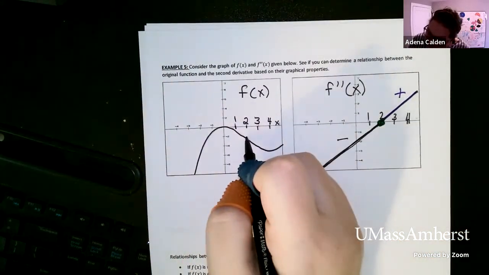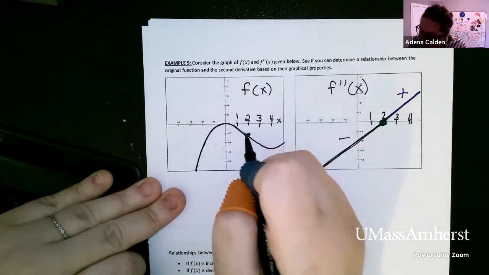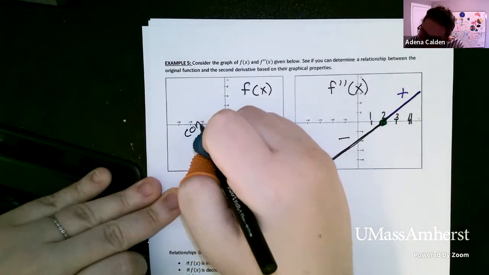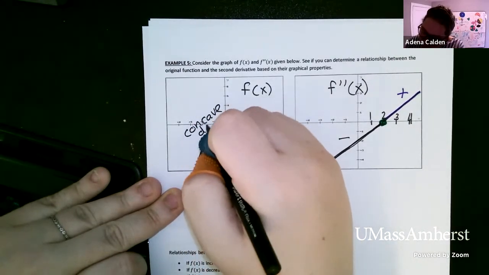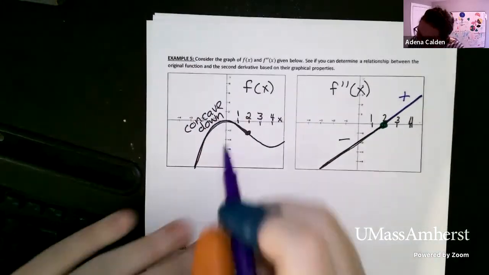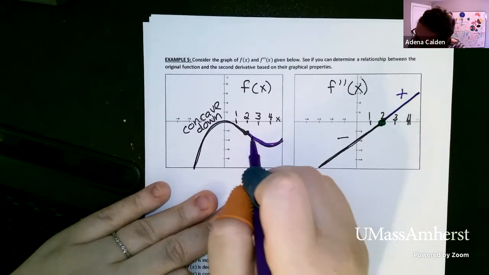And that is directly related to the concavity of the original function. Okay, so this is concave down until 2, and then it's concave up after 2.